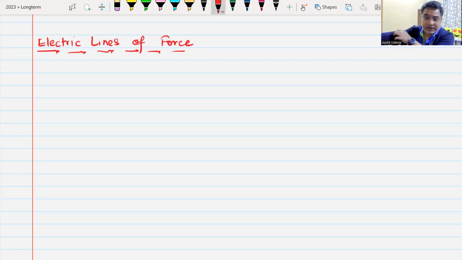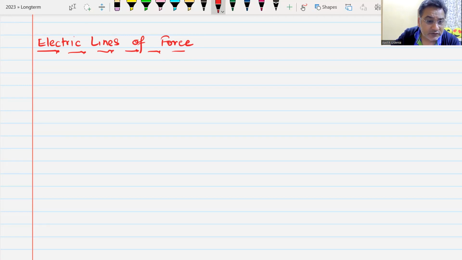Now, whenever we are thinking about electric field, electrostatic field, or any field for that matter, to imagine that electric field, we draw some lines to understand how the field is going. Those lines are known as electric field lines or electric lines of force, whatever you call it. What are these?